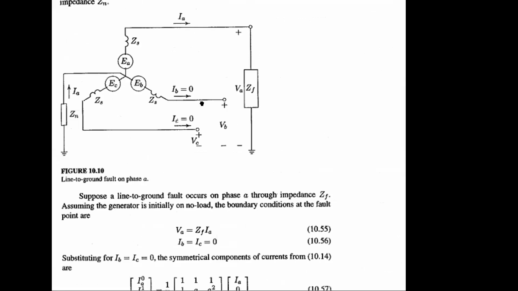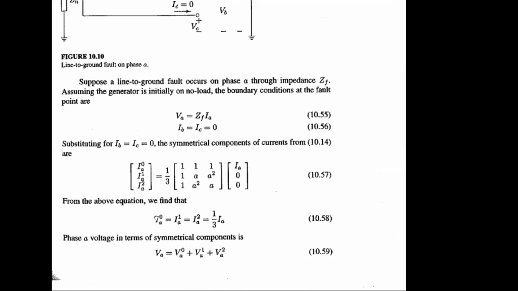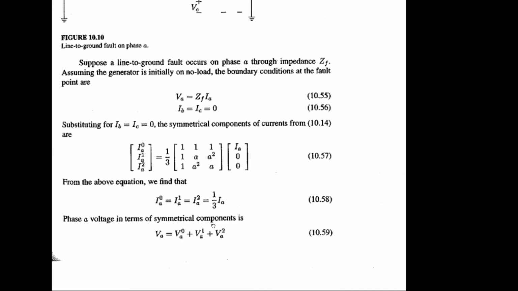VA is the voltage across phase A, right? And we can get the drop of IA, but IA has the relation in terms of IA naught, right? From this, IA will be 3 IA naught.